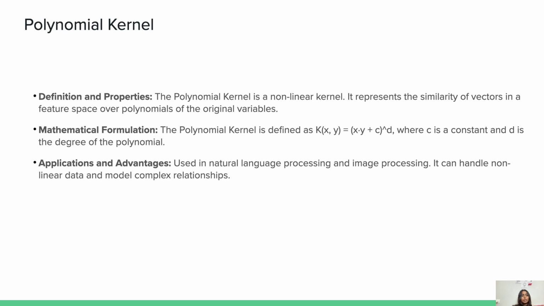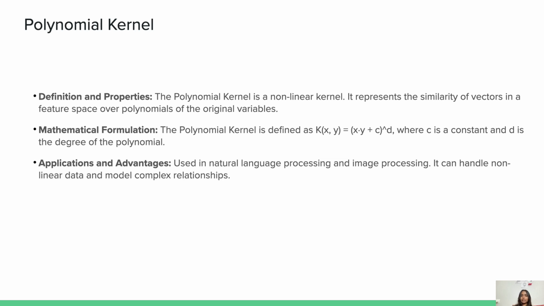Now, polynomial kernel. Definition and properties. So, what is the polynomial kernel? The polynomial kernel is a non-linear kernel. It represents the similarity of vectors in a feature space over polynomials of the original variables.